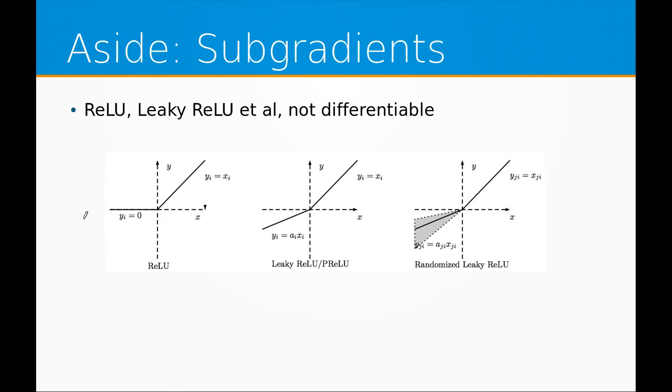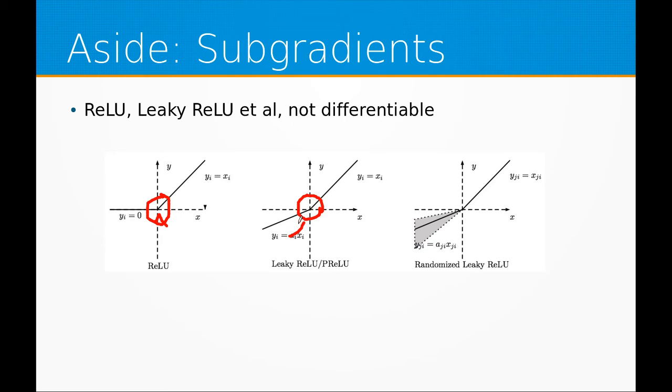For example, if you see over here, there's this inflection point, so if you're trying to calculate the gradient over here, it's not possible analytically, even if you use the basic definition of a derivative. It says the derivative does not exist over there. Similarly here as well, you see that there's an inflection point.